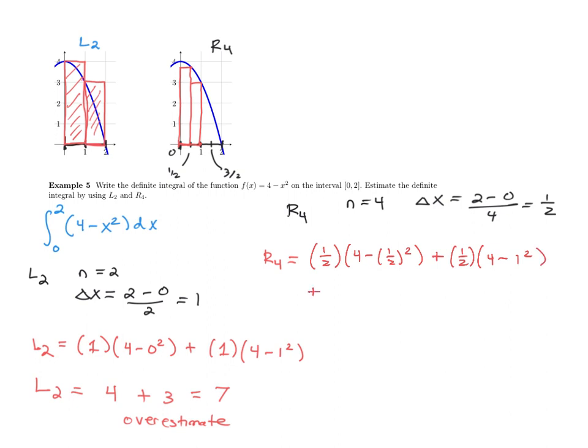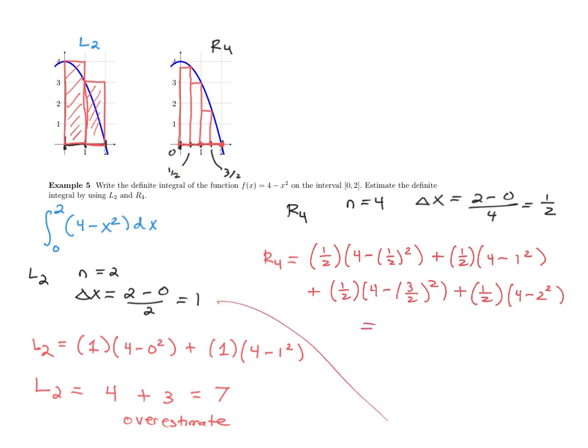Next, I'll add on the right endpoint of 3/2 plugged into the function, and this is going to be a base of 1/2 times the height of 4 minus 3/2 squared. And then finally, I'm going to use, again, the right endpoint, which takes me to 2. So this is going to be the base of 1/2, and then we have 4 minus 2 squared. And of course, that last term will sum to 0.